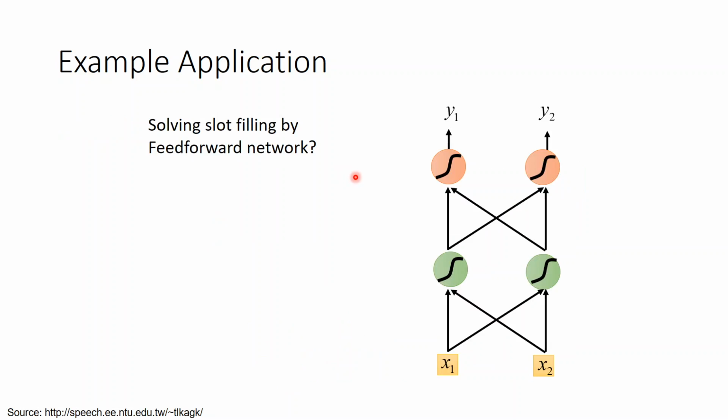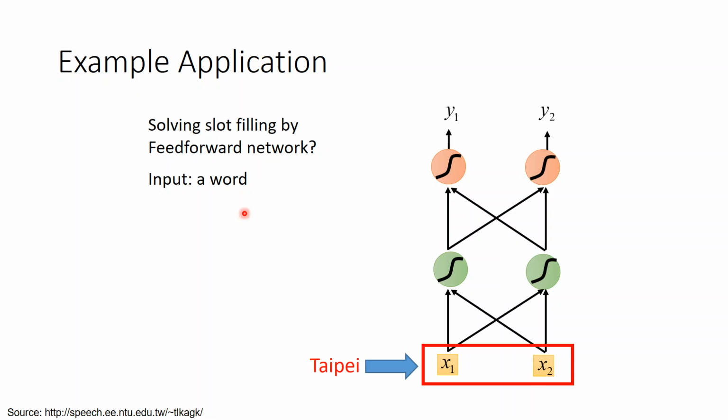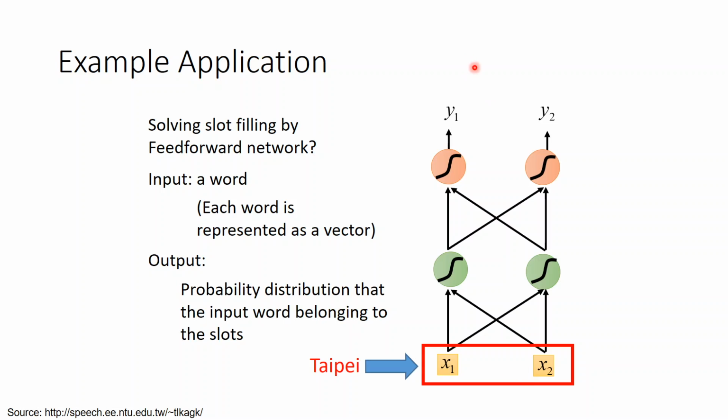Then, how is this slot filling done by the feed-forward network? We can see the figure like this one. It inputs a word, like Taipei here, and each element x will get the word, where each word is a representative vector. Then we want our output to be the probability distribution that the input word belongs to a slot.